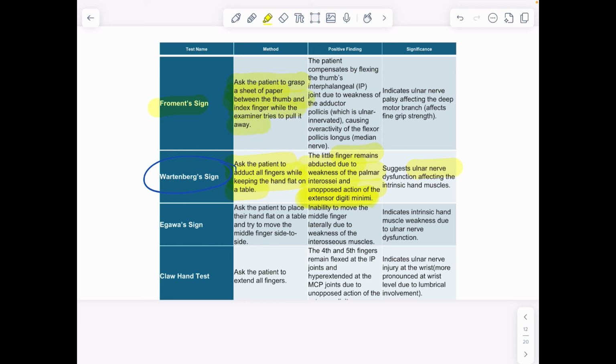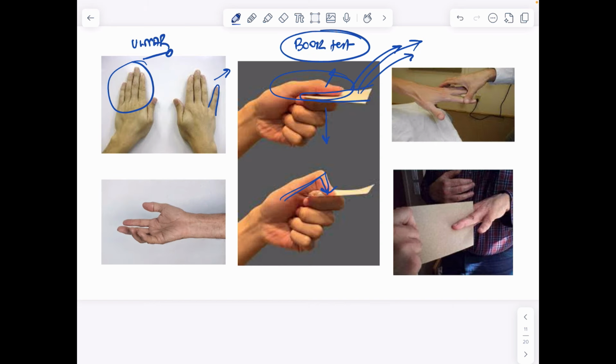Now, the patient compensates by flexing the thumb interphalangeal joint due to weakness of the adductor pollicis, which, as you know, is supplied by the ulnar nerve, causing overactivity of the flexor pollicis longus muscle, which is supplied by the median nerve. So, if the median nerve is functional, you have asked the patient to perform the book test while he is modifying it to a Froment test.